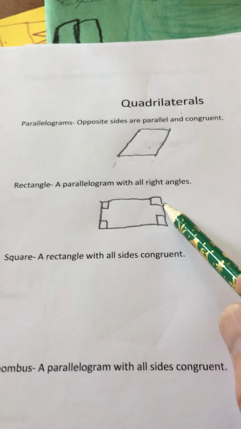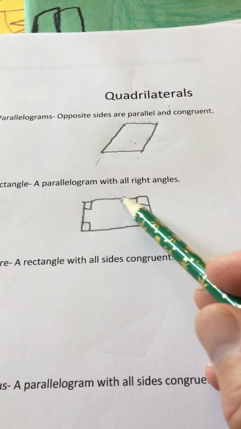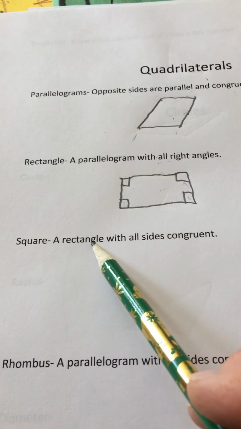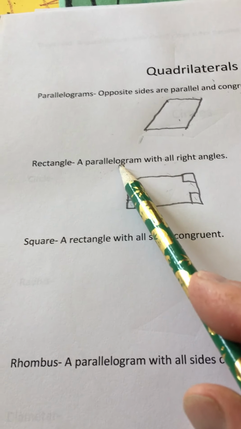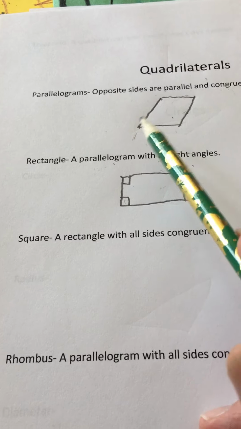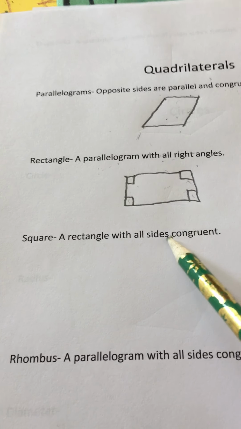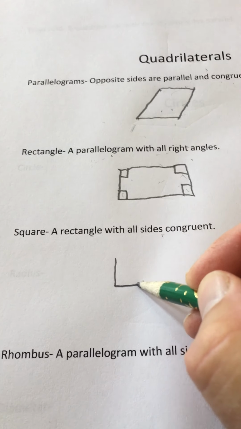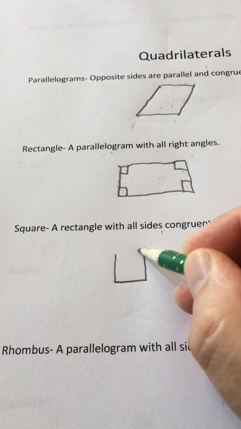It's a polygon as well. So a square is a rectangle. That means it's a parallelogram also. It also means it has right angles, and it has 4 sides, but all the sides are congruent. It also makes it a regular polygon.